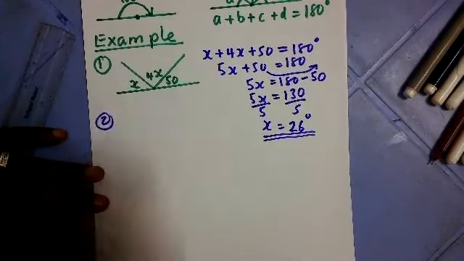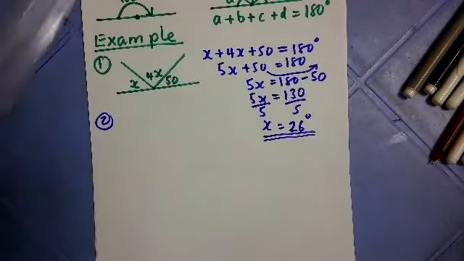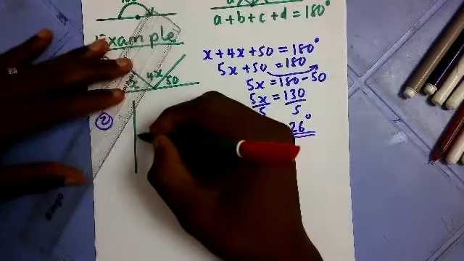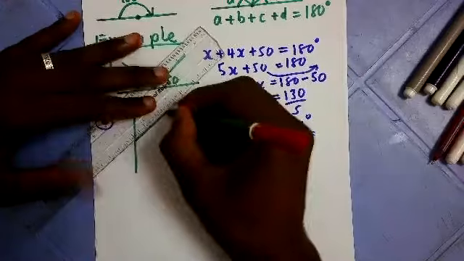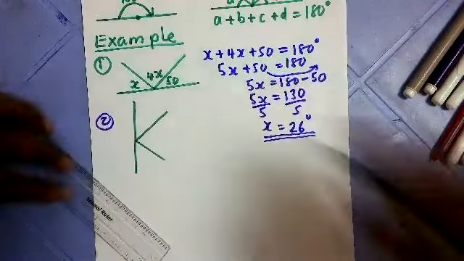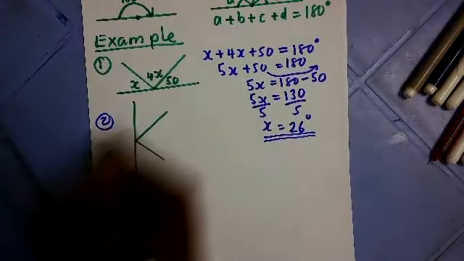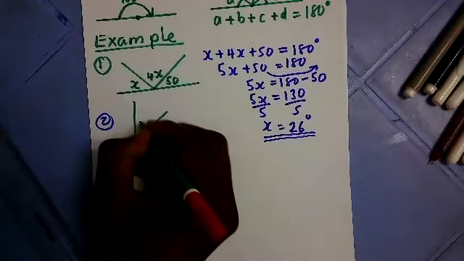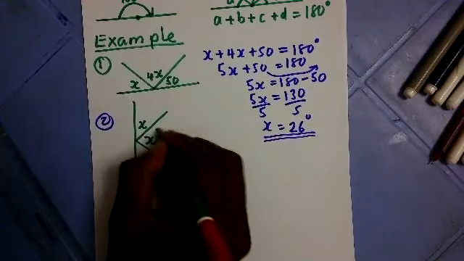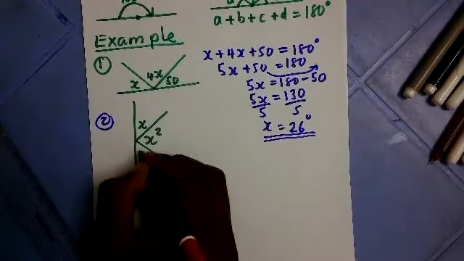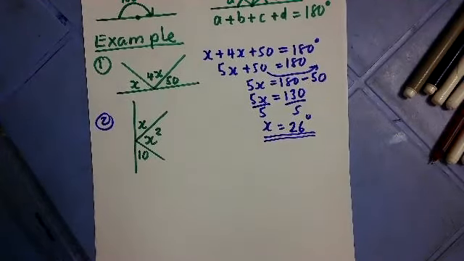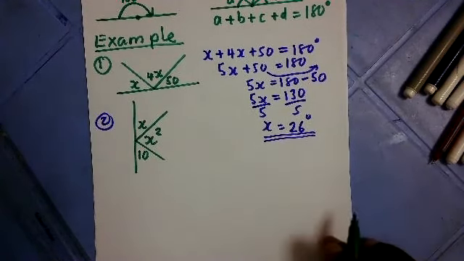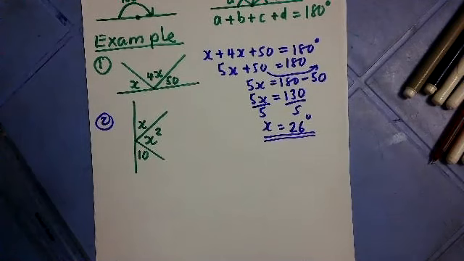Example 2. If I have a straight line, and I have maybe this angle and that angle. Let's say the first angle is x. The second angle, let's say, is x squared. The third angle, let's say it is 10. So I need to work out for x.